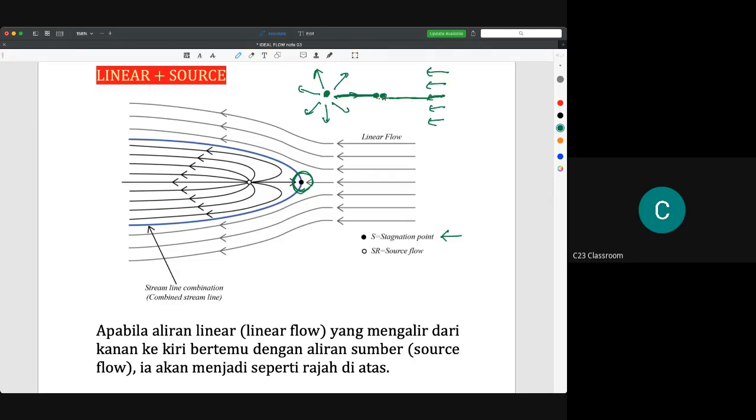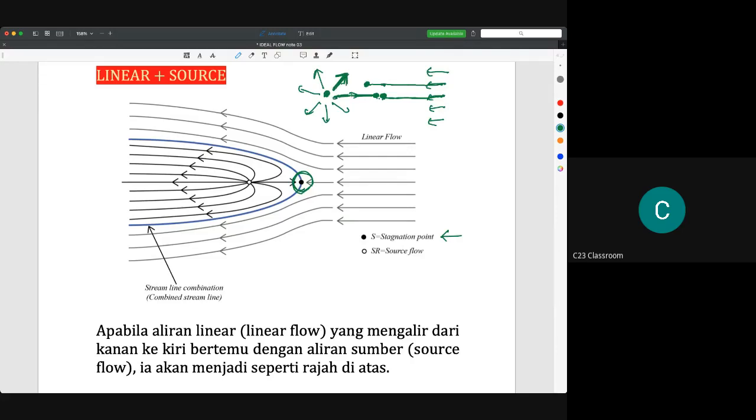Okay, kemudian kita dapati bahawa molekul di sini akan bergerak juga, tetapi pelanggaran dengan molekul ini akan berlaku ke belakang sikit, maknanya lebih ke kiri. Kerana apa? Kerana had laju ataupun pergerakan molekul untuk source adalah dalam bentuk radial. Oleh itu sekiranya contoh yang paling senang di sinilah.